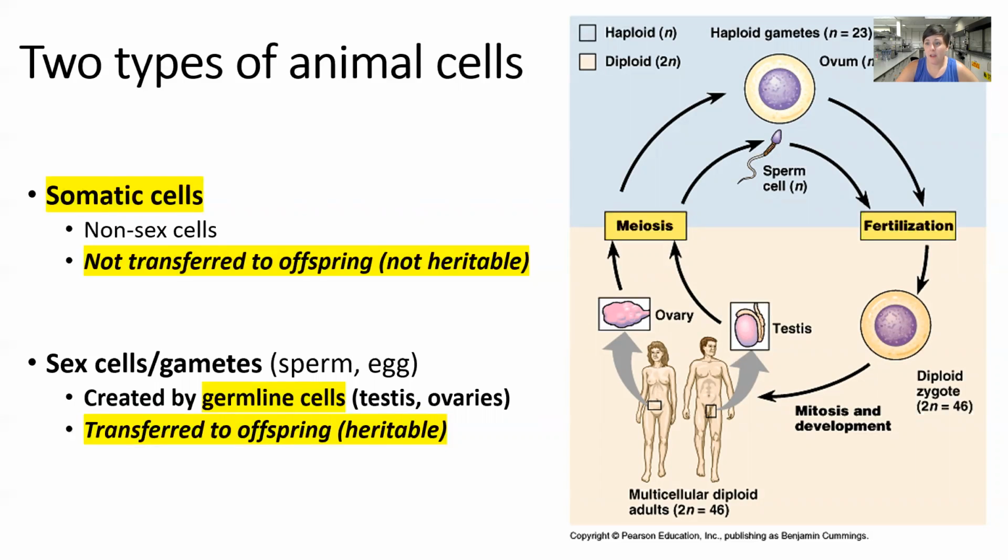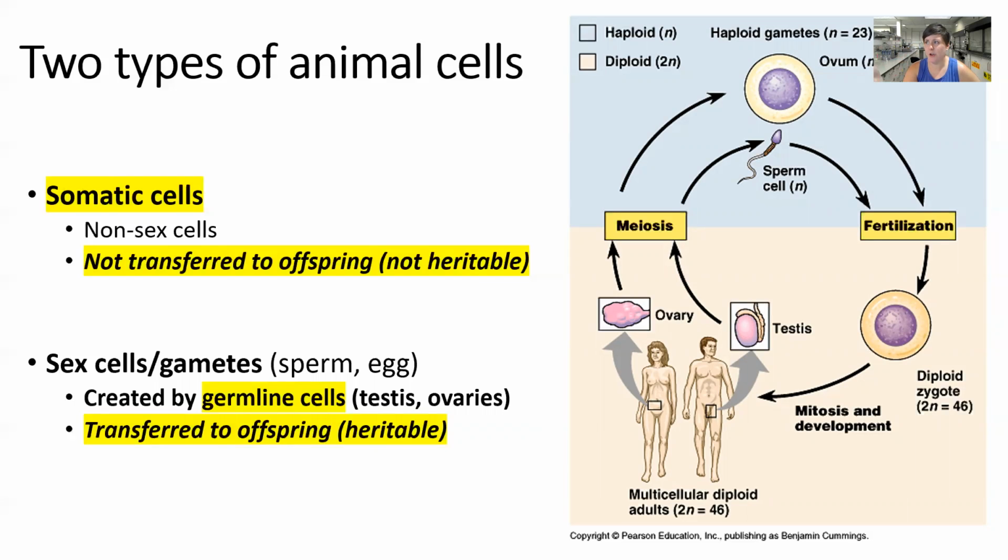Because your sex cells will go on to create offspring, sperm and egg will leave you to, well, maybe, create offspring, those are heritable. Any mutations that occur in the sperm and the egg, or in the cells that will give rise to the sperm and the egg, are heritable because they are passed directly to the offspring.